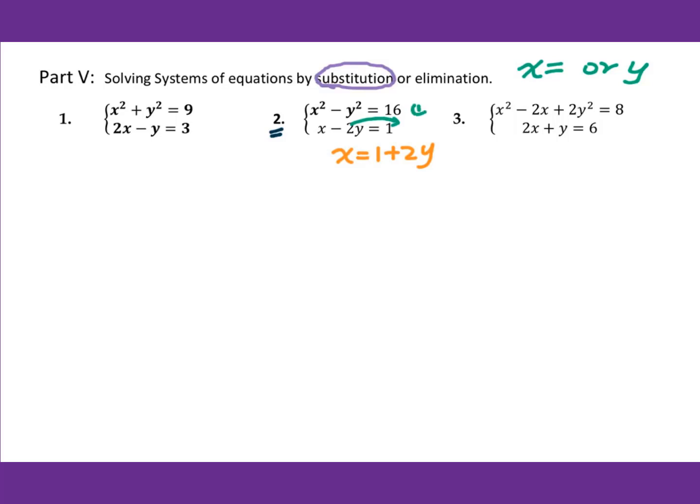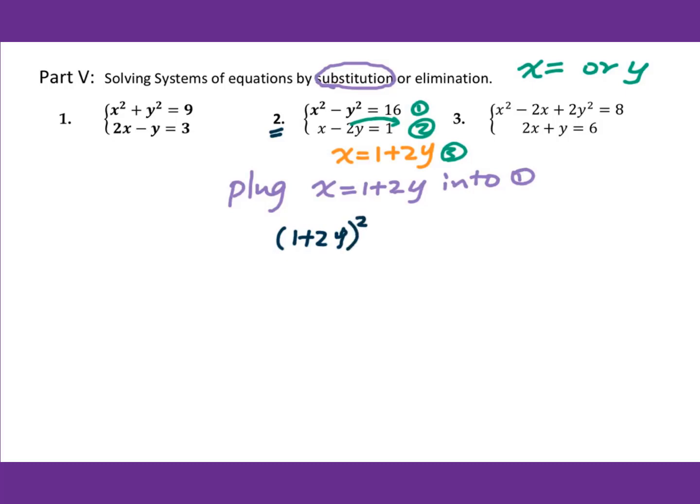We label this as 1, this is 2, this is 3. Now we plug x equals 1 plus 2y into 1. So we get (1 plus 2y) squared minus y squared equals 16.